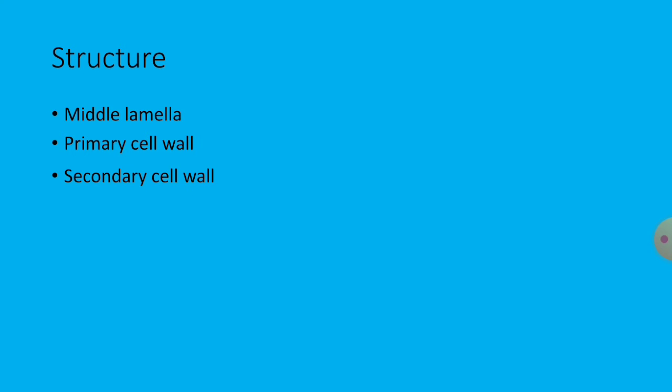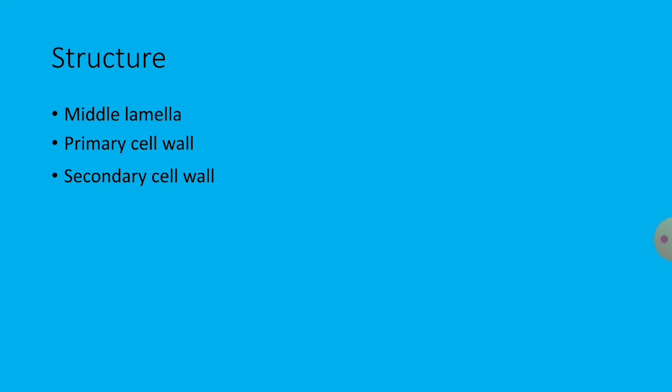It is mainly made up of cellulose, hemicellulose and pectin. This primary cell wall is very flexible and allows the cell to grow in all directions.